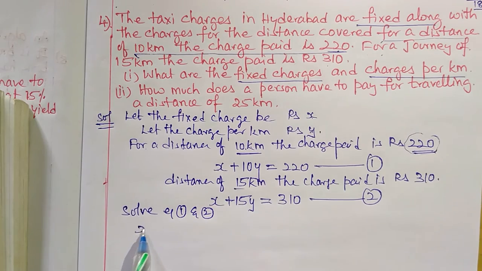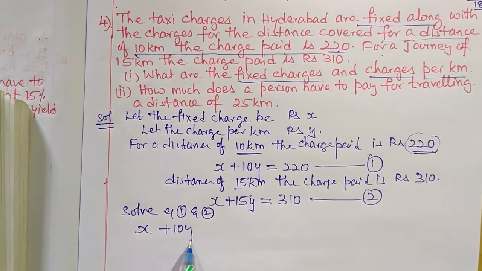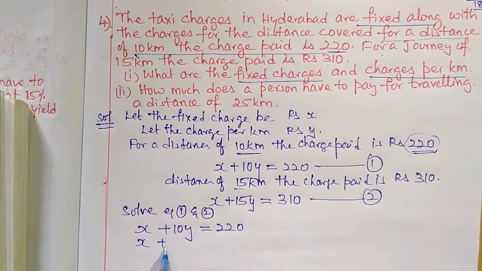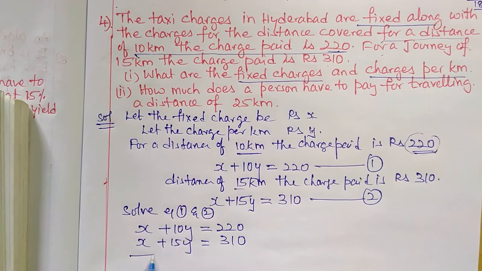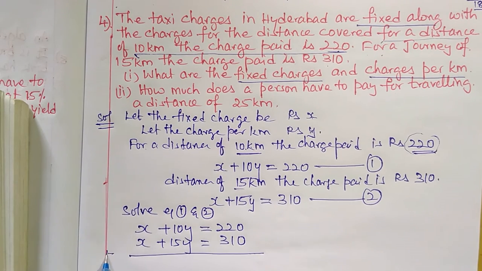We shall use the elimination method. X plus 10y equals 220. Again, X plus 15y equals 310. Now I have to subtract. When I subtract, the plus signs become minus.